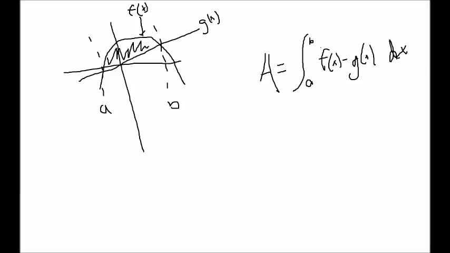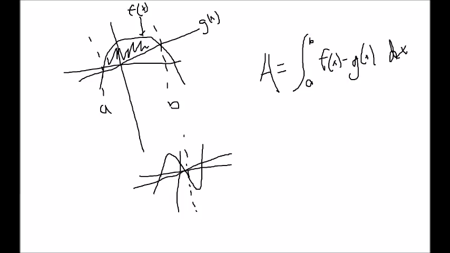So the only place that this could get tricky, well, it's really hard to make this tricky, is when maybe a curve does something like this, and sometimes f of x is on top, and sometimes f of x is on the bottom, so you have to split this up into two integrals.